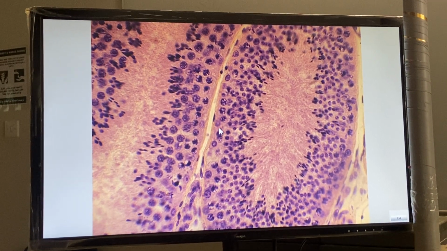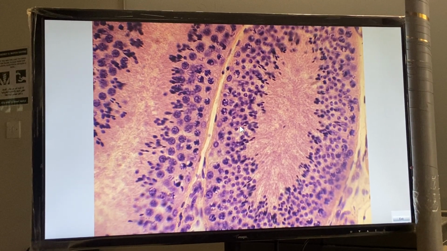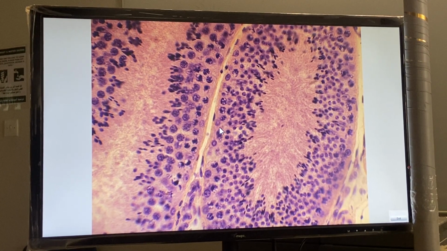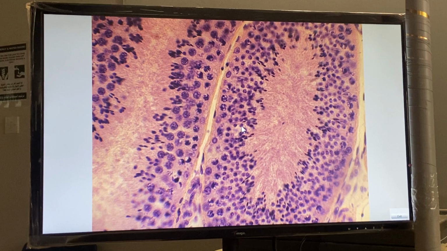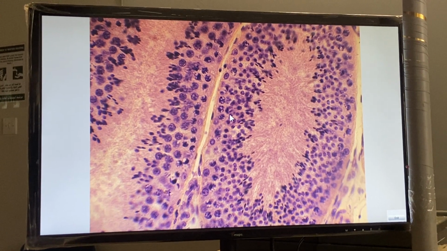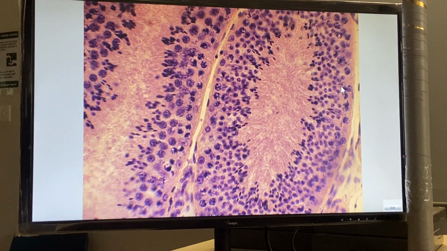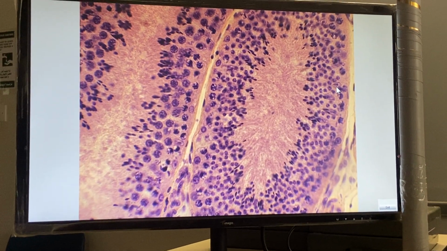The lining epithelium of seminiferous tubule called germinal epithelium or spermatogenic epithelium consists of two types of cells. At the tip of the pointer, we can see the Sertoli cell.